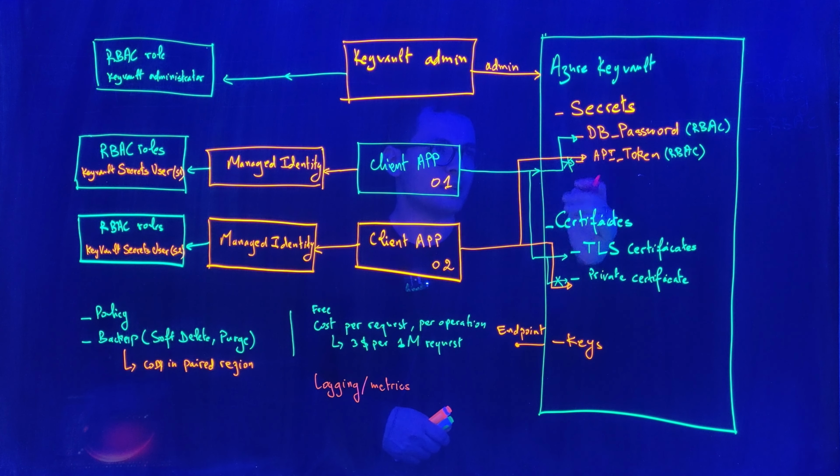We can view, for example, the number of requests for each secret, the number of requests for each certificate, who requested that data, what its IP address is, and the date, time, and so on. We can also view the operations that have been done on the Key Vault, like adding new secrets, auto-rotating the certificates, and so on.